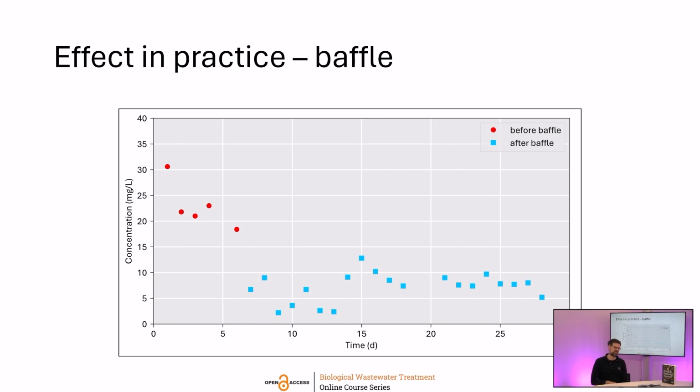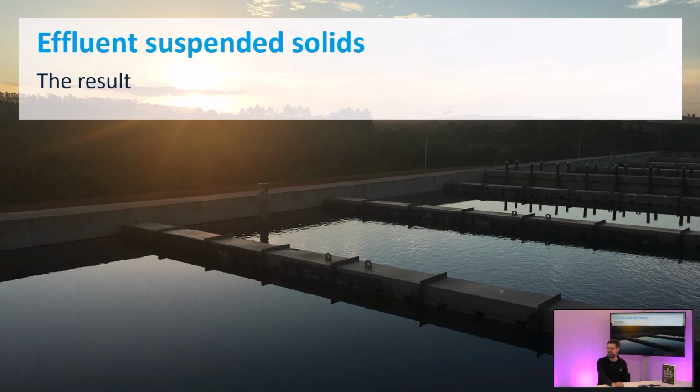So yeah, this research again really helped us understand the process, but also to improve on the performance of the granular sludge process. And after implementing, this is the same photograph that I showed earlier at the start of this part. You can go to very clear and very beautiful effluent, and it really helps to understand what is happening to improve the process.